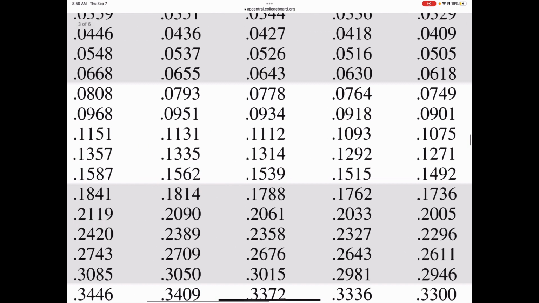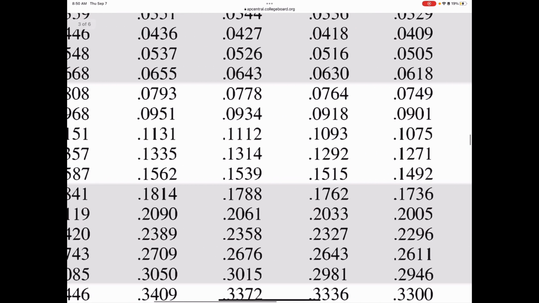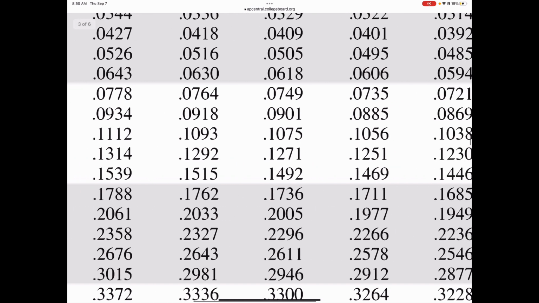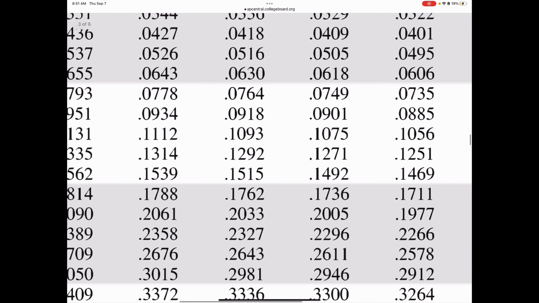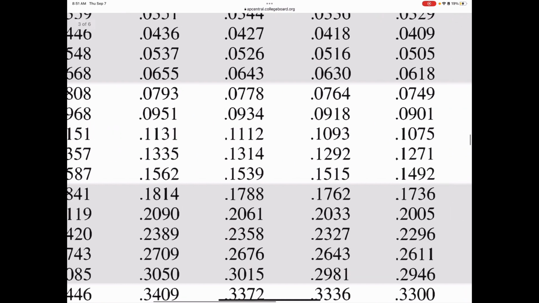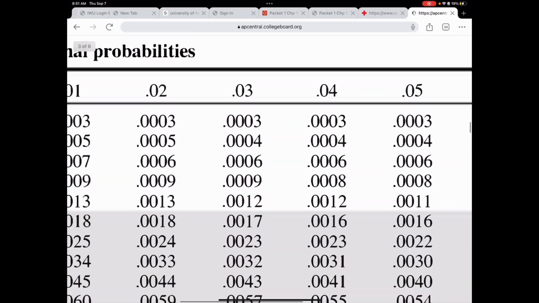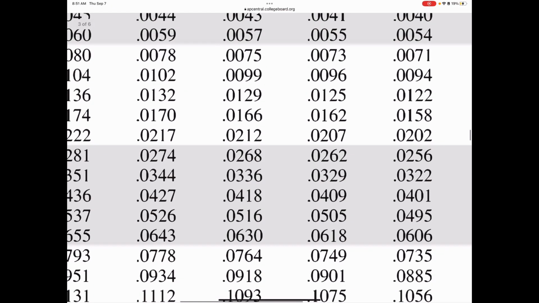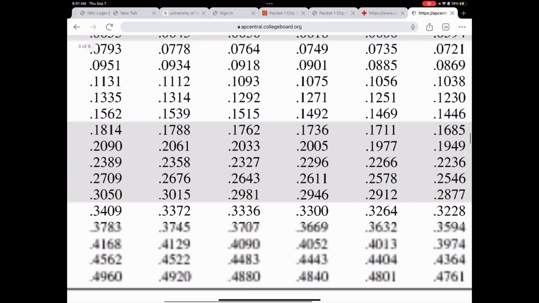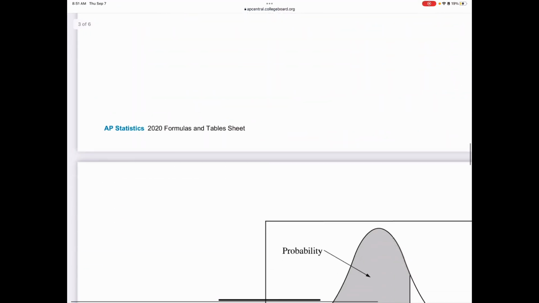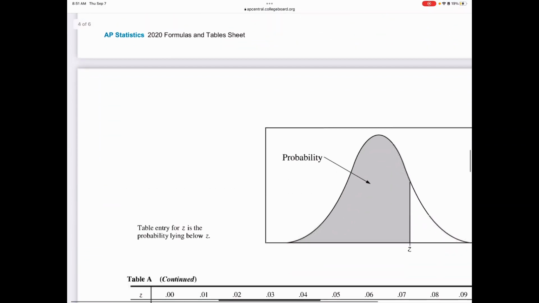There we go, 0.3264, that means about 32.64% of the curve is shaded at the z-score value of negative 4.45, sorry.